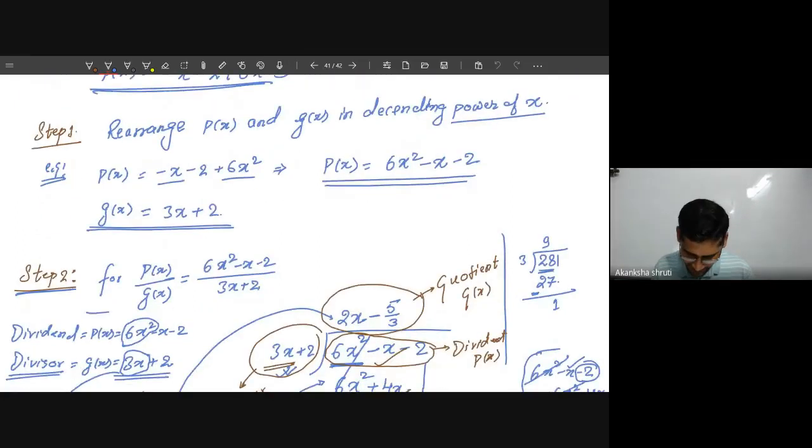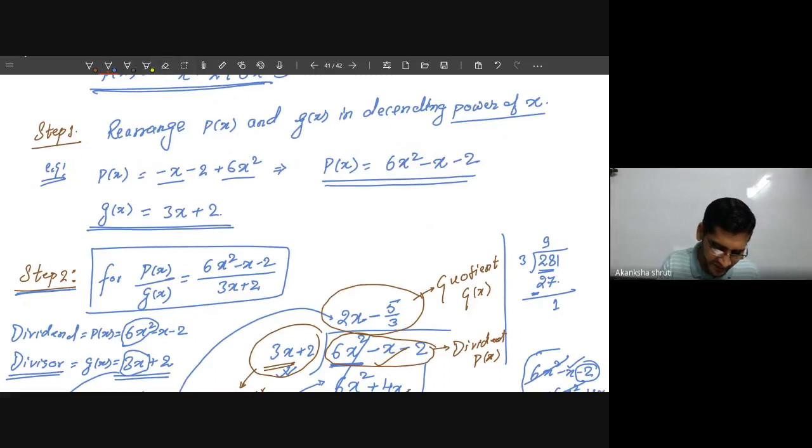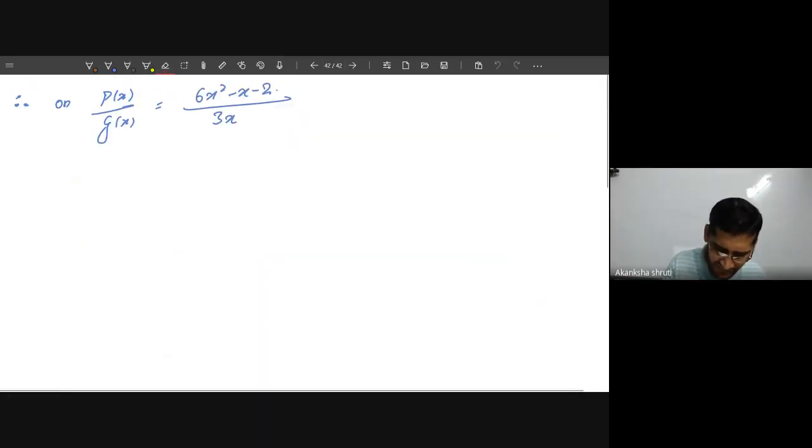This step I am writing. So it is 6x square minus x minus 2 divided by 3x plus 2.